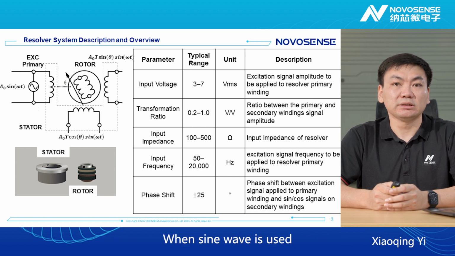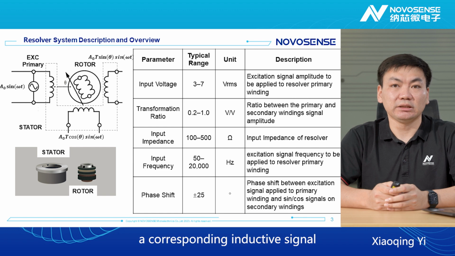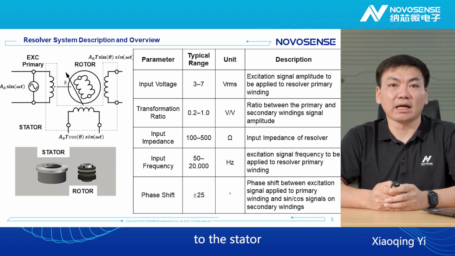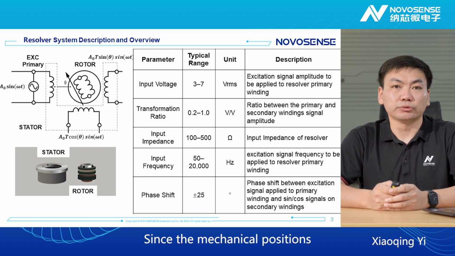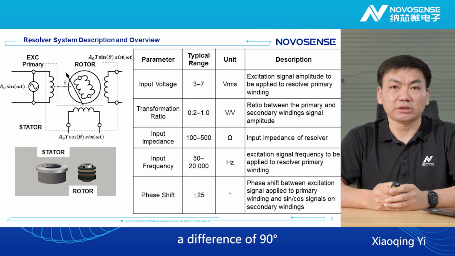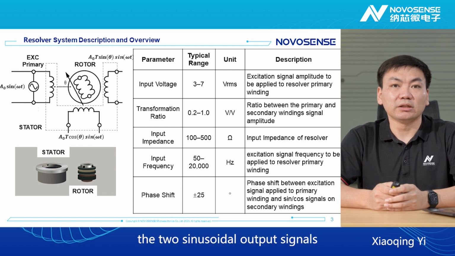When a sine wave is used to excite the primary side, a corresponding inductive signal is generated on the secondary side, and the signal size is a function of the rotor's position relative to the stator. Since the mechanical positions of the secondary windings have a difference of 90 degrees, the two sinusoidal output signals are also at a 90-degree position to each other.